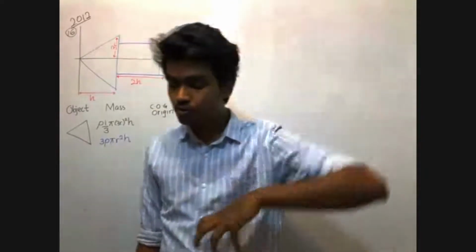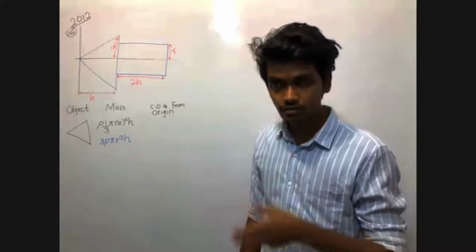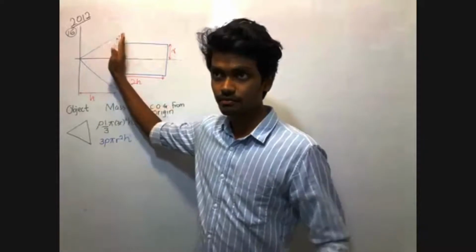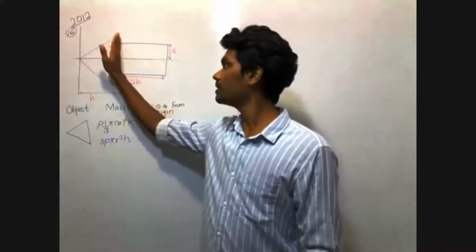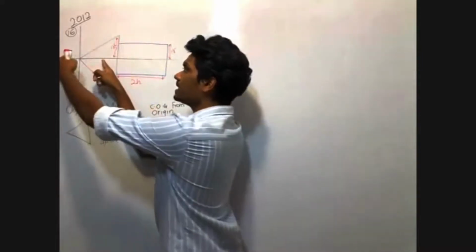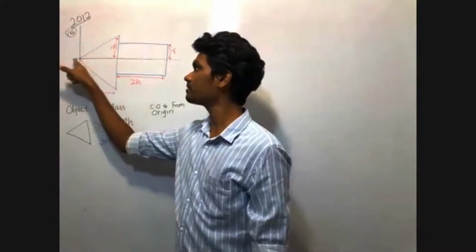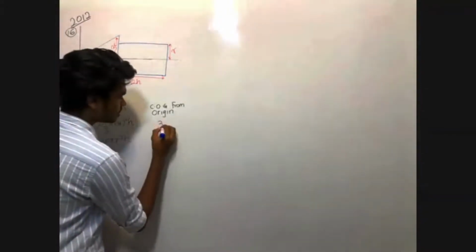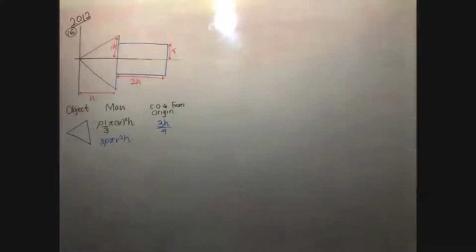The center of gravity of the cone is at h over 4 from the base, which means 3h over 4 from the vertex. So from the origin it should be 3h over 4. Right, let's go for the cylinder.